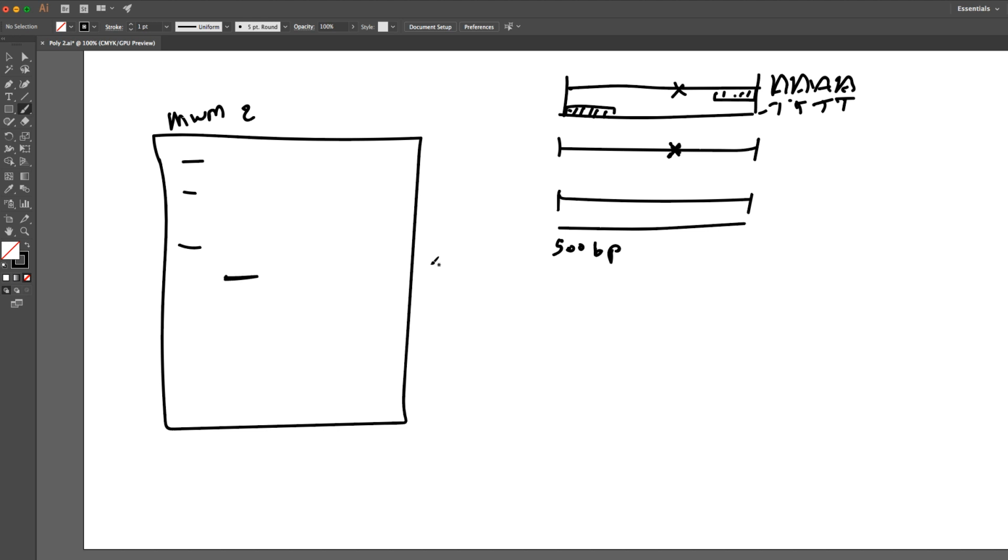So this is 500 base pairs, okay? Which makes sense because you're just amplifying a wild type individual from here to here. That's 500 base pairs long. And this is not digested. So all they're doing is the PCR amplification and showing you that the product is 500 base pairs long. That's it. Okay, that's lane 2. This is wild type.